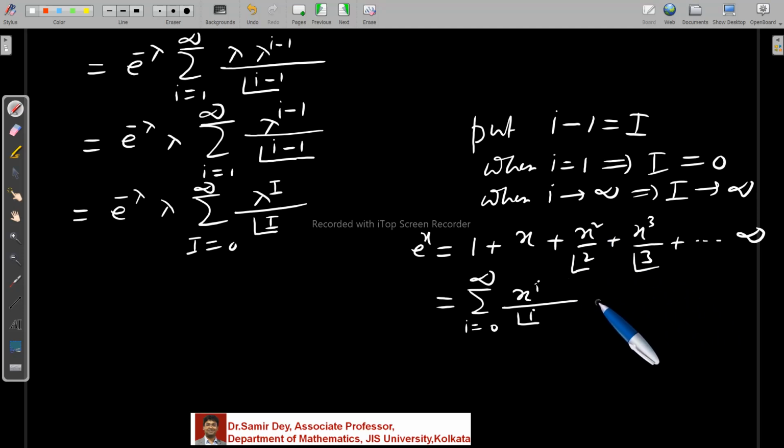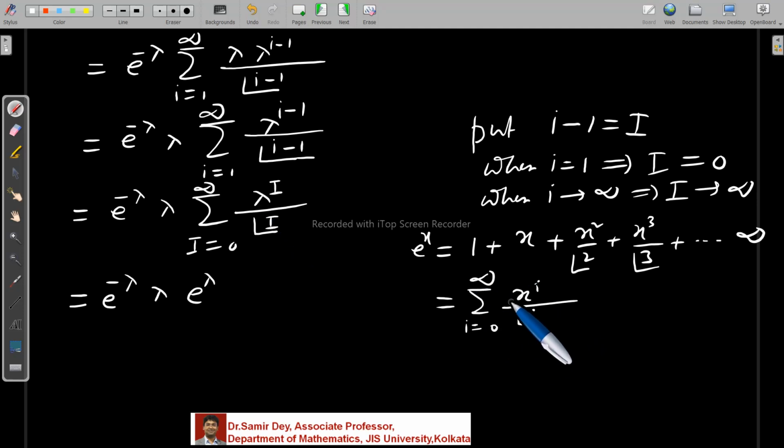So from here it is clear that we can write this expression. Here you can see this expression and that expression are the same. So here you may write e to the power minus lambda, lambda, e to the power lambda. Is it clear? Basically small i and capital I are more or less the same. The only difference is x and lambda.